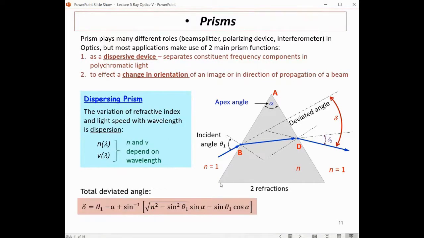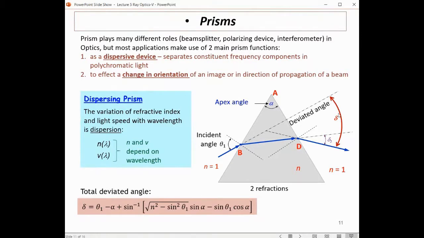For the prism, as drawn here, with an apex angle of alpha, we have an incident beam making an incident angle theta 1, which gets refracted in the prism, and then it exits, being deviated from the original direction of the incident beam.